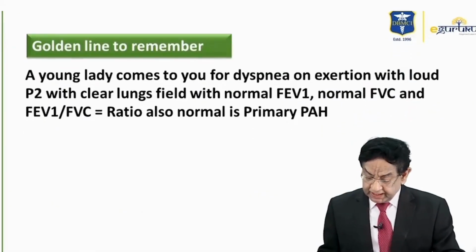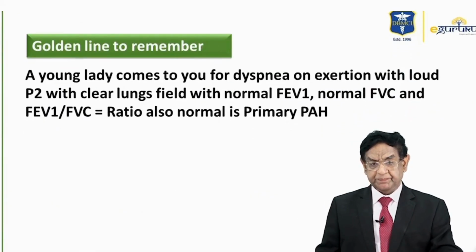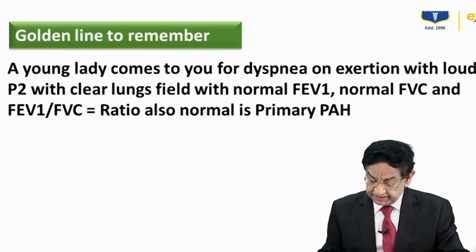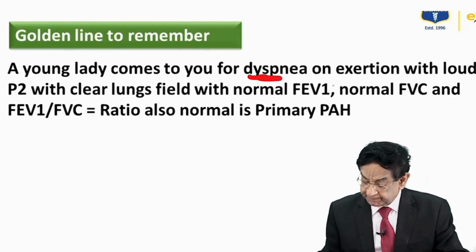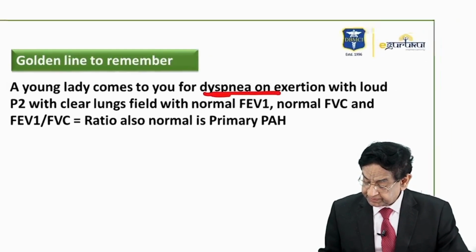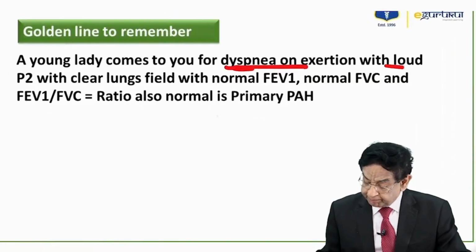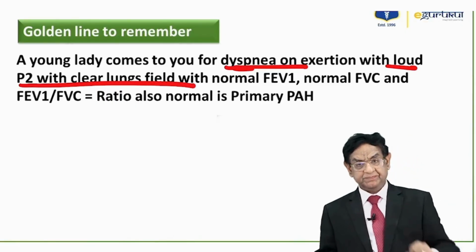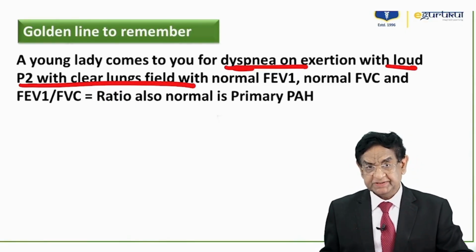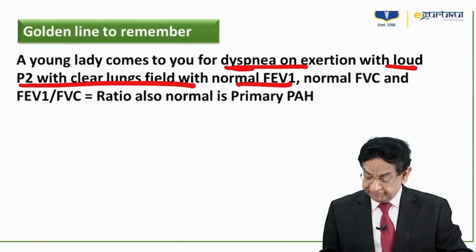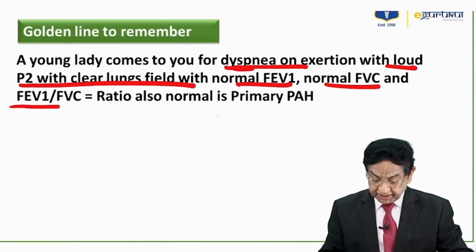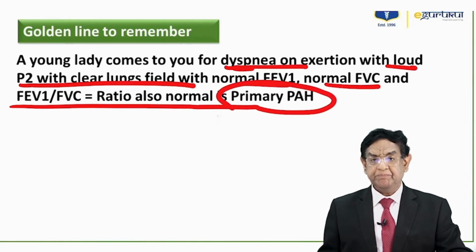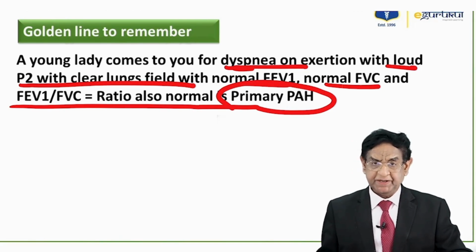So the golden line to remember: if a young lady or middle-aged lady comes to you with dyspnea on exertion, loud P2 with clear lung fields, normal FEV1, normal FVC, normal ratio, this is primary pulmonary hypertension.